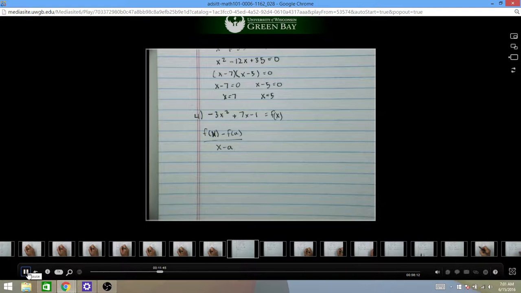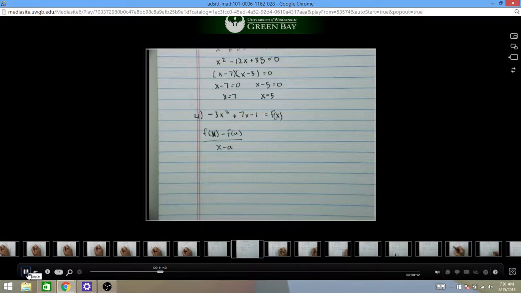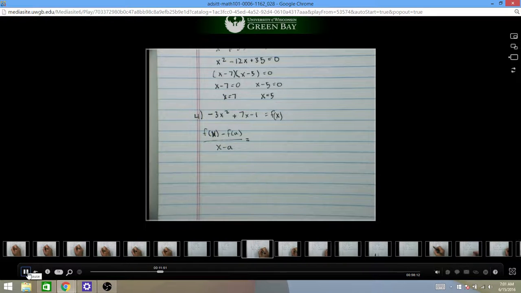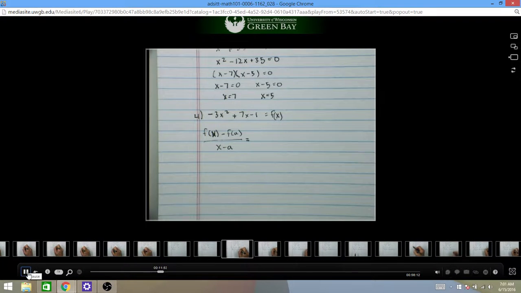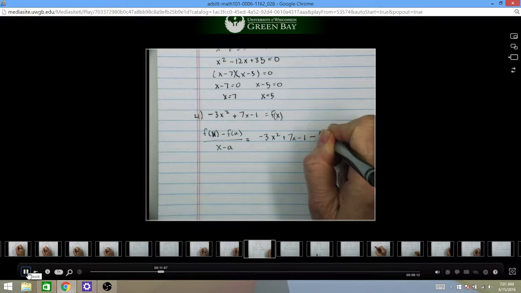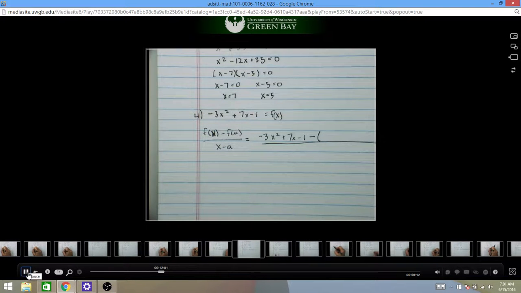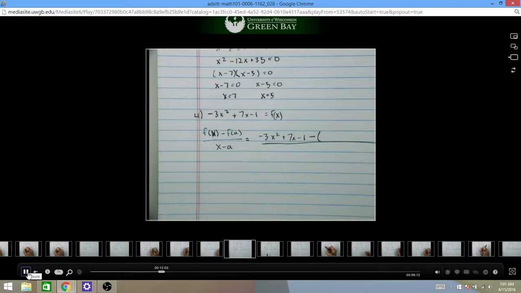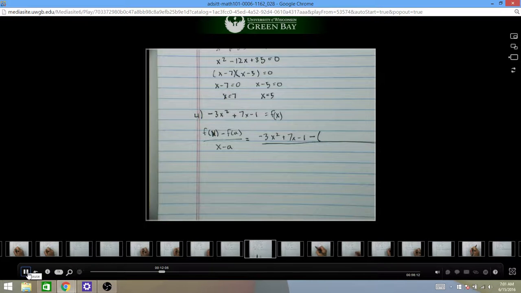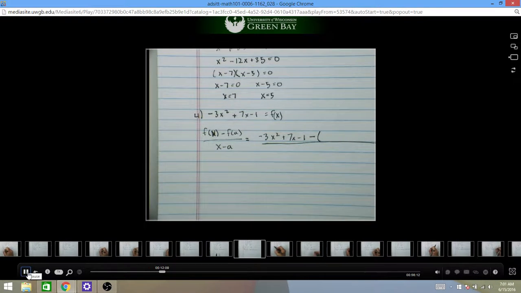So f of x means to write the function down with just x's, just the way it is. And then f of a, you put parentheses around because you're subtracting a sum. So you put parentheses around it. And then f of a means put a's in where the x's are. So whatever's in the little parentheses gets plugged in for x.